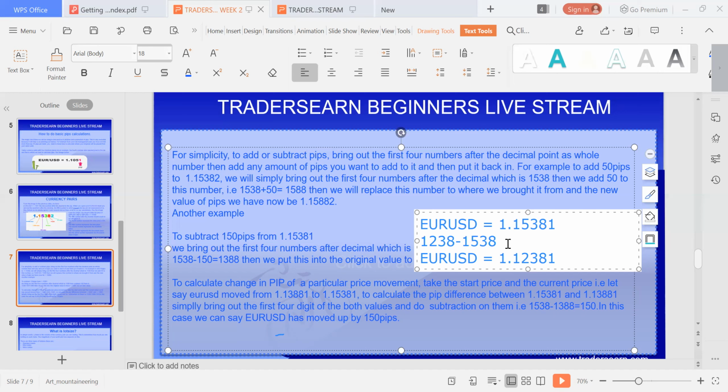If you do this, you are going to get minus 300. That means Euro USD dropped from this price to this price by 300 pips.